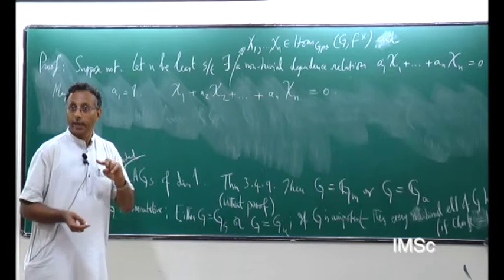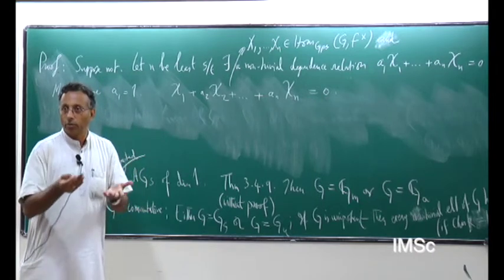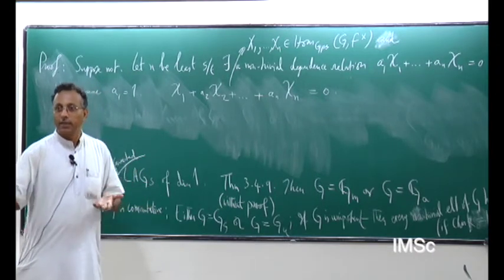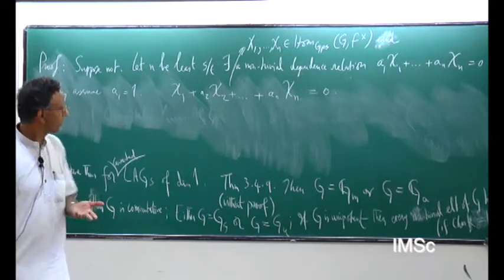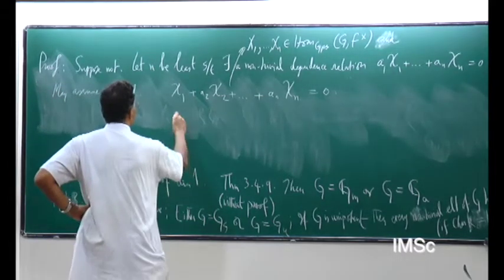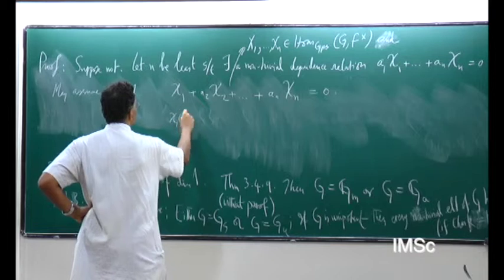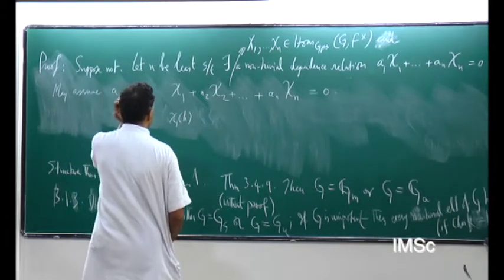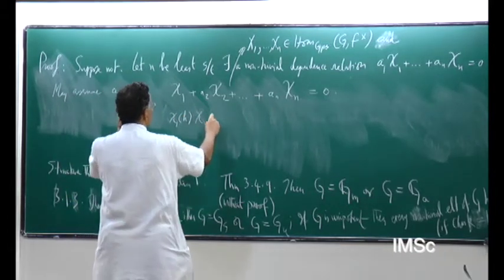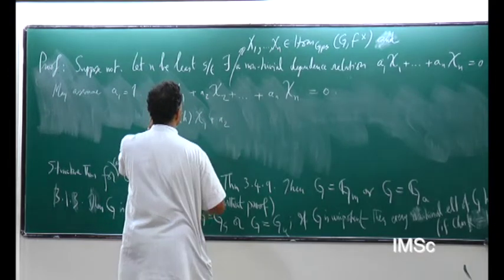The fact that these are characters means chi1 of gh is chi1 of g times chi1 of h. Let's write that.